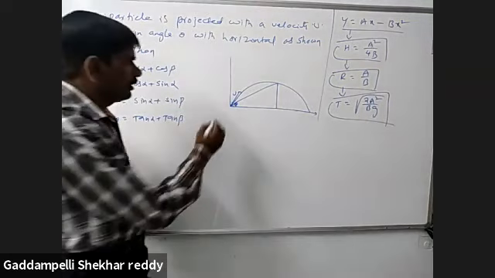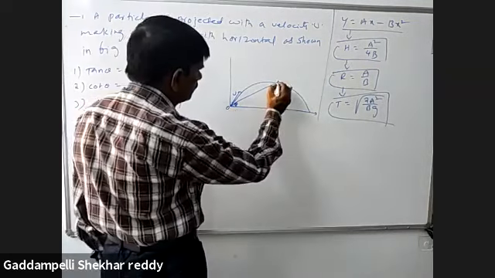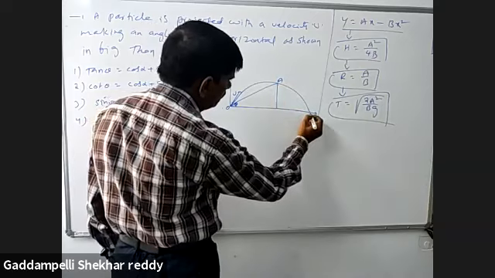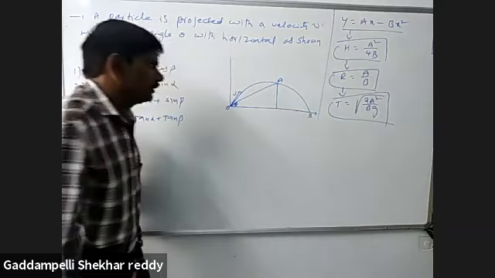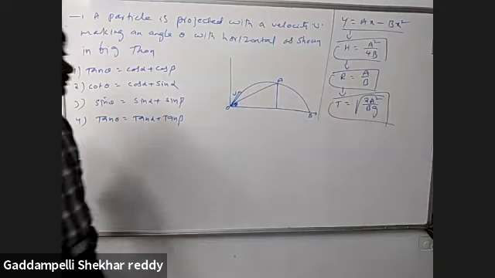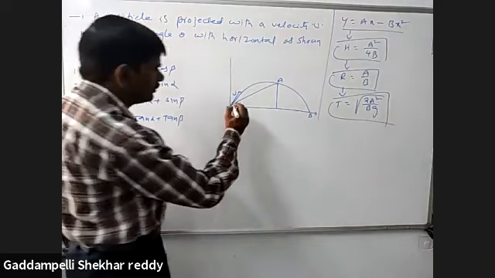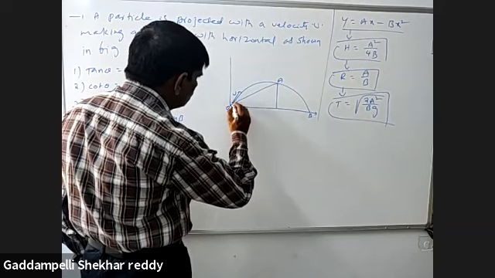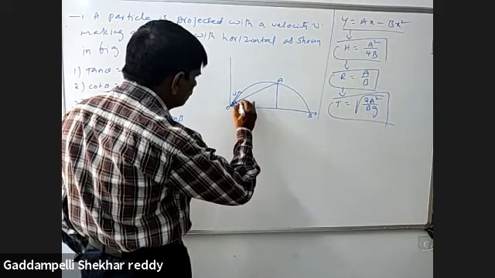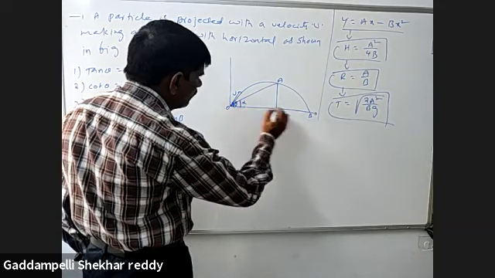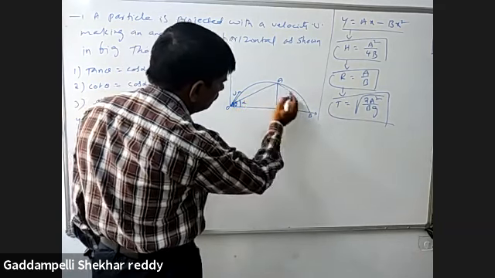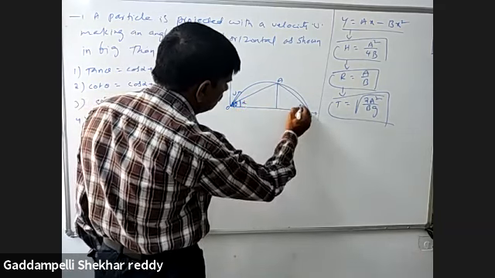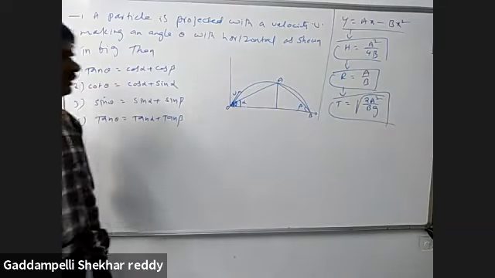So this is the given figure, with point of projection and highest point. Your angle theta comes after the given angles alpha and beta.